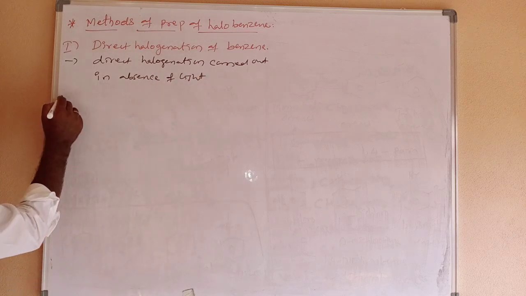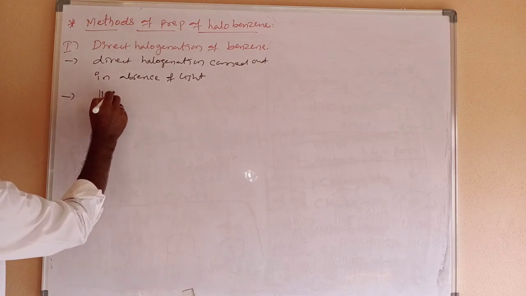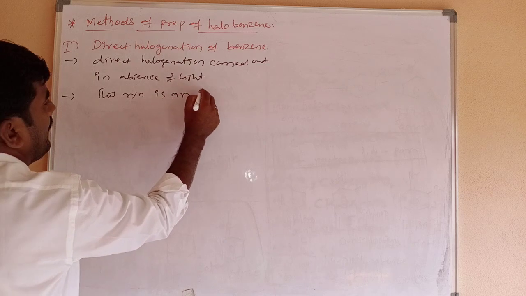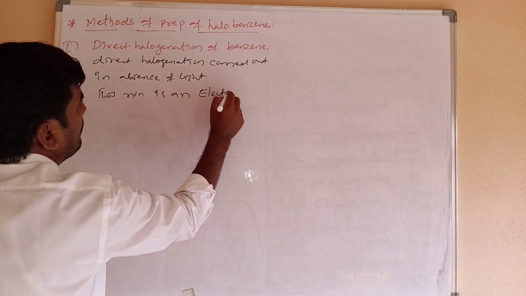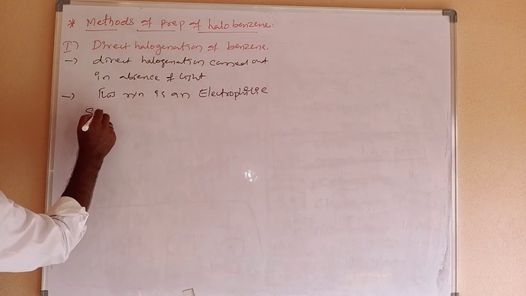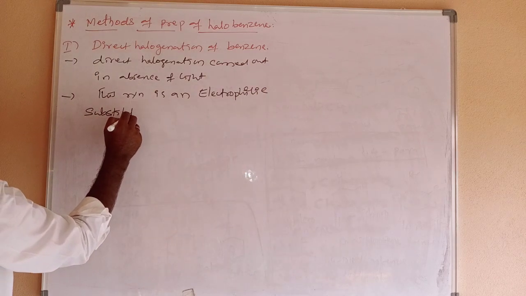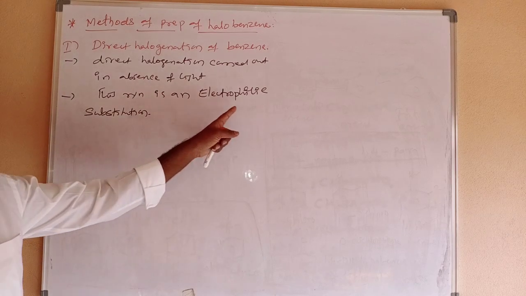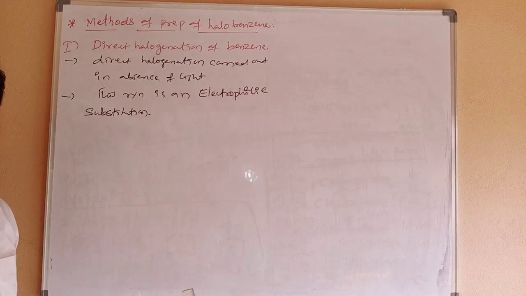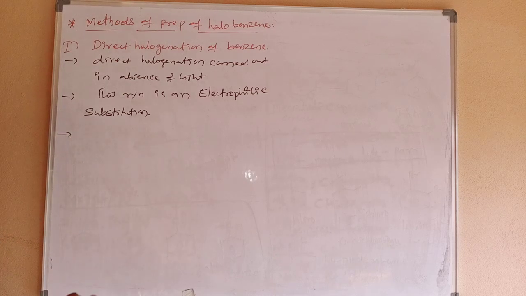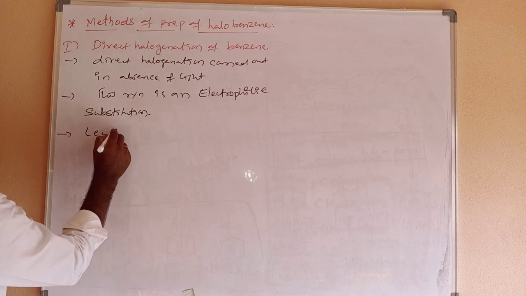And this reaction is an electrophilic substitution reaction. Direct halogenation of benzene is an electrophilic substitution reaction. Clear? This reaction is carried out in the presence of Lewis acids.